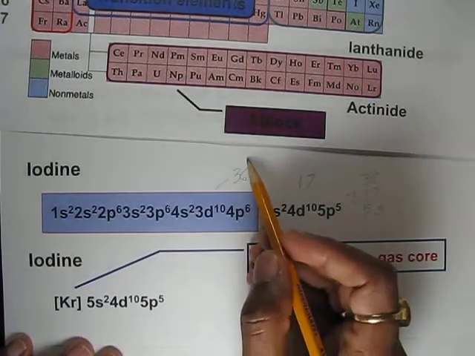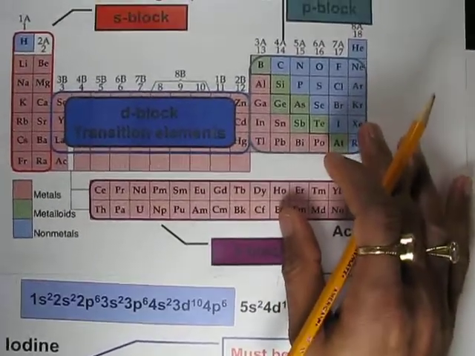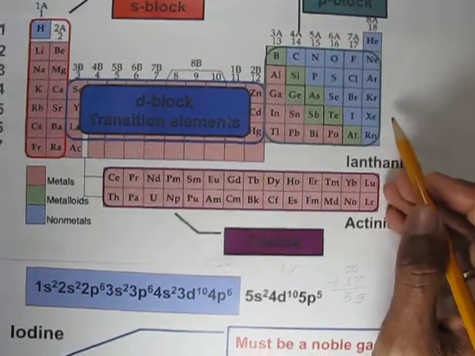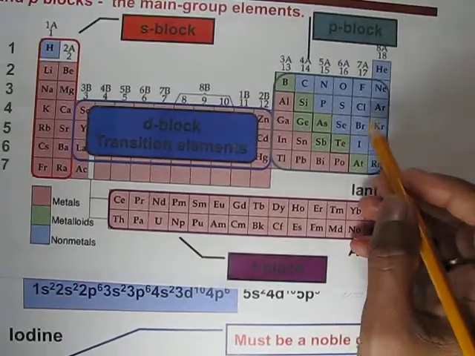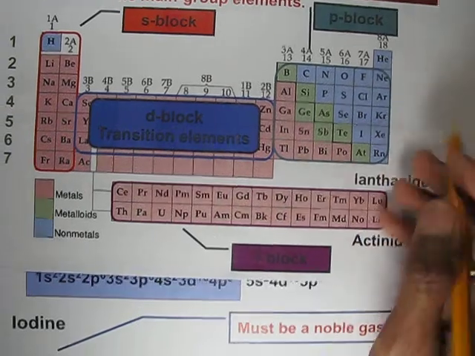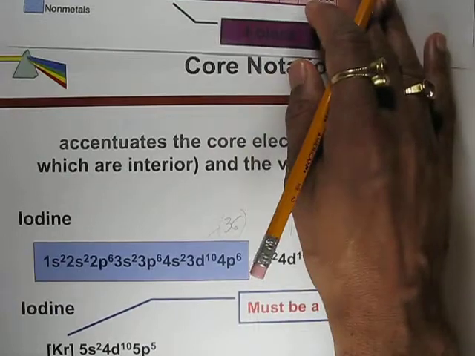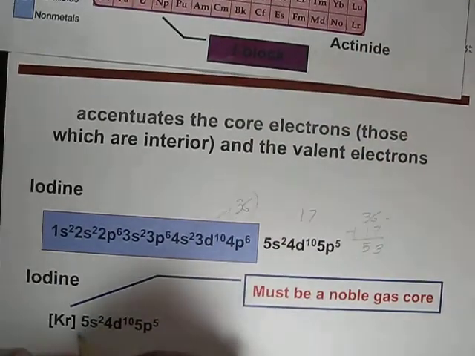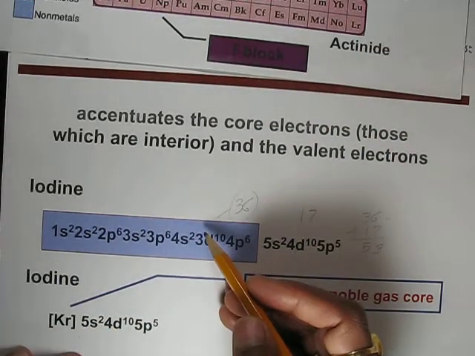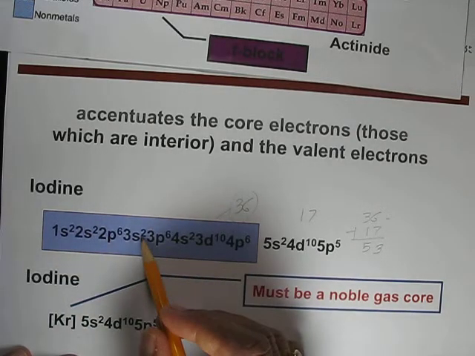And then you can see that the atomic number up to 36 is krypton. Krypton is just before iodine. So we can also write this electronic configuration using krypton. Krypton means there are 36 electrons, and you can summarize.